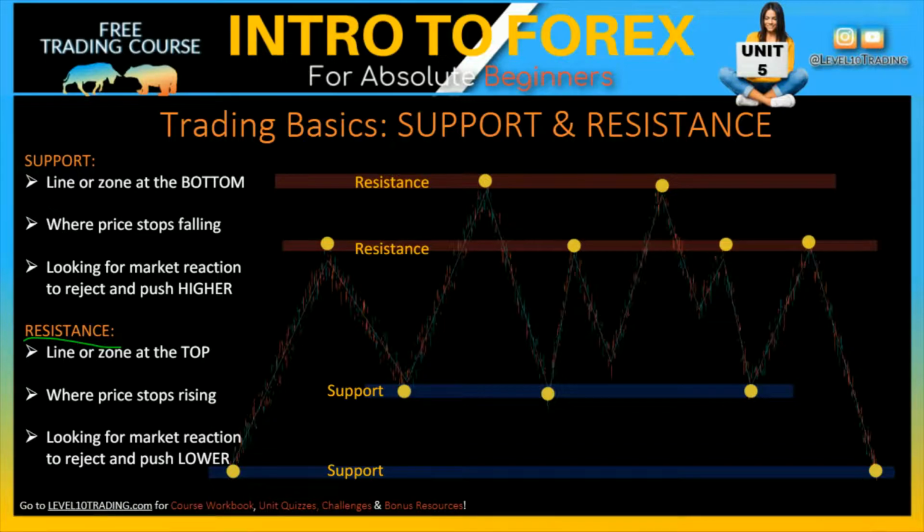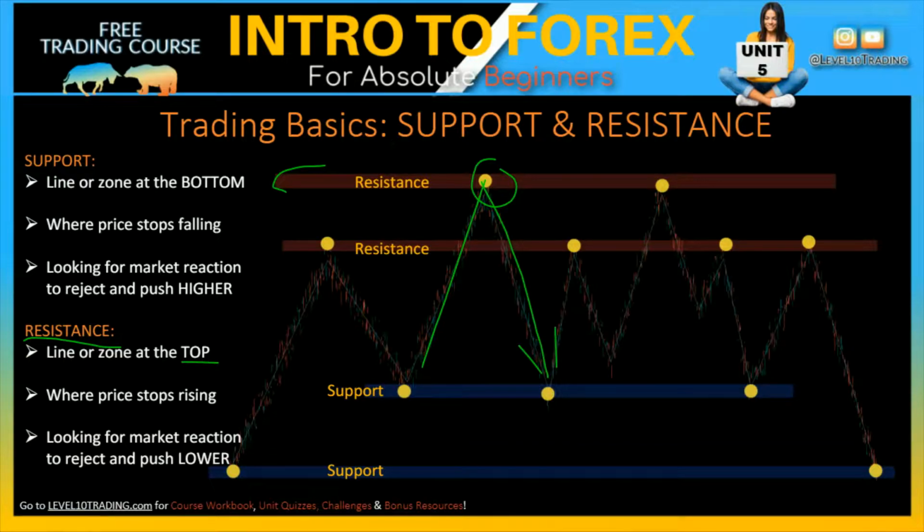Your resistance line is always the line or the zone at the top. It's a place where the current trading price of a pair tends to stop rising. And when the price reaches a resistance zone, you're usually looking for the market reaction to reject and push lower, okay?